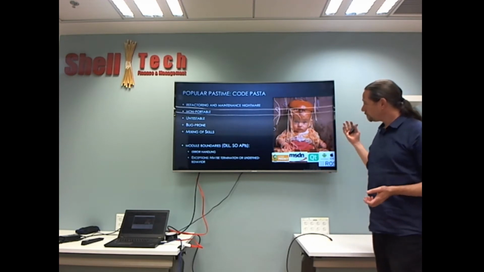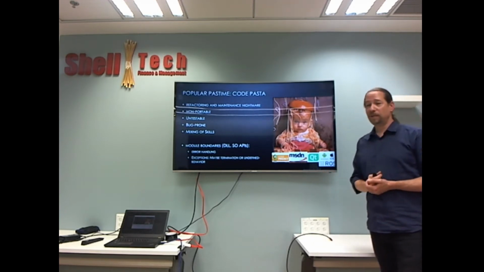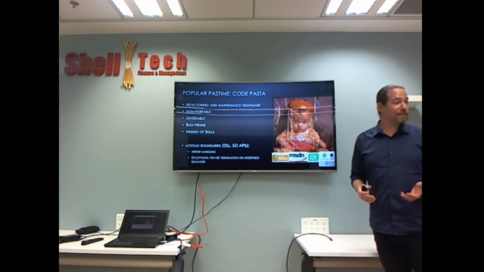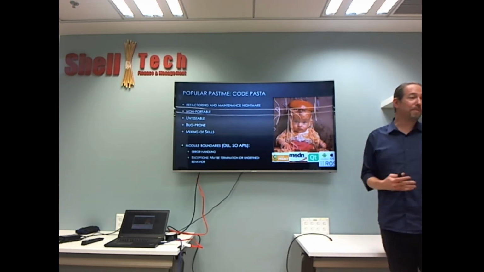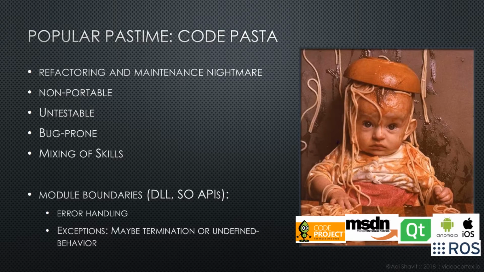Now, when we go to various websites where we read about platform APIs, if you go on CodeProject, a lot of you are probably familiar with it, or MSDN, go to the Qt examples, of course on the mobile device, iOS, Android, and even ROS, something I've been playing around with lately, there's a huge mix of concerns when you look at these examples.